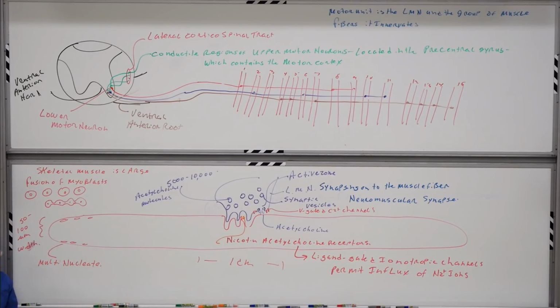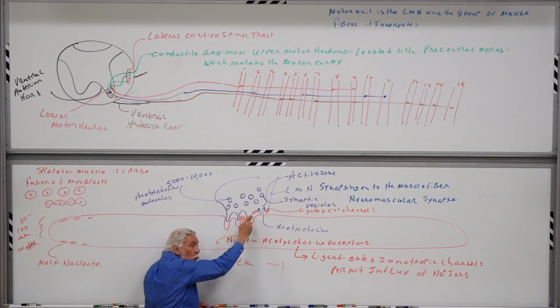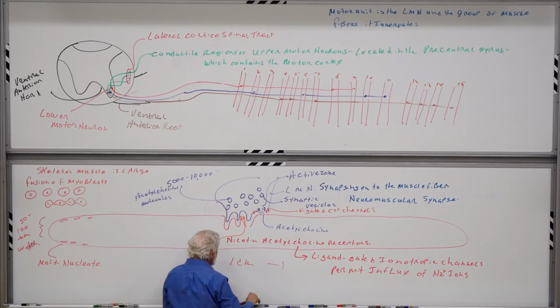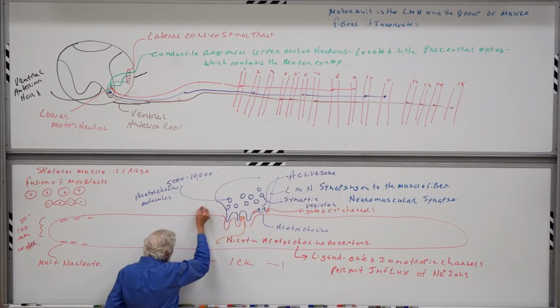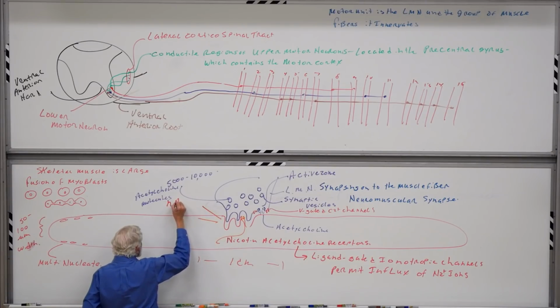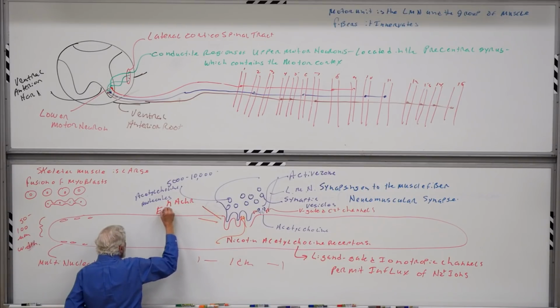So the pattern here is the same. We release the neurotransmitter, which now diffuses across the narrow gap called the synaptic cleft and binds to the nicotinic acetylcholine receptors. When the acetylcholine binds, if we were to put an electrode in here, we would see that the opening of the nicotinic acetylcholine receptors causes an excitatory postsynaptic potential.